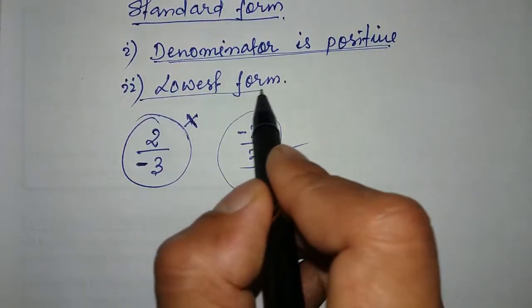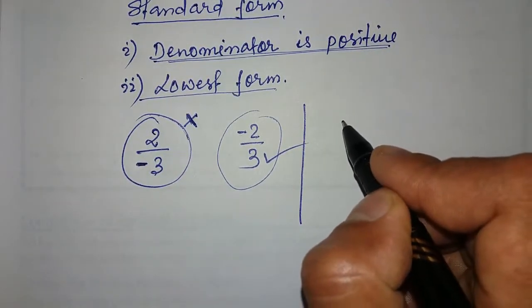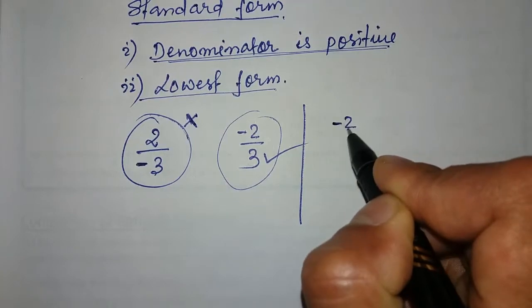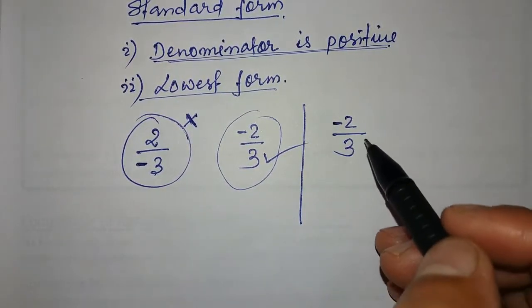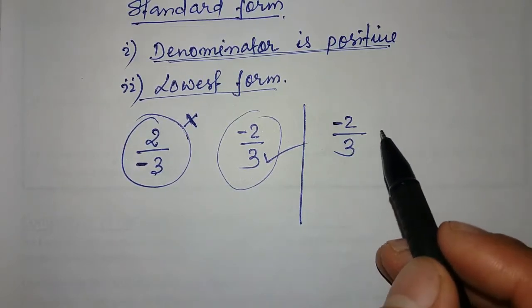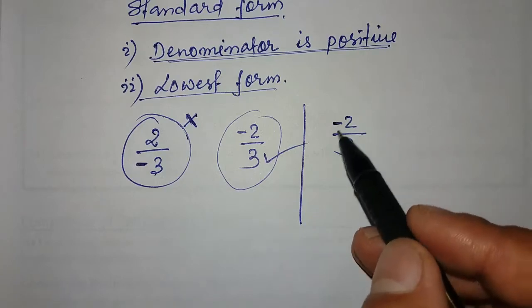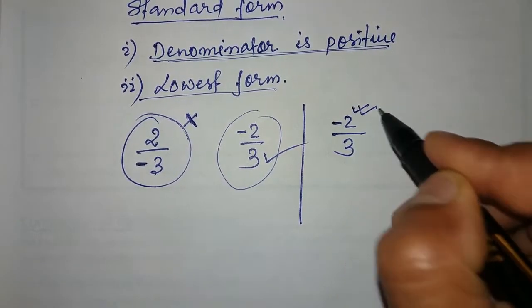And for the second point, let's say minus 2 by 3. This is in standard form because there is no common divisor between the numerator and denominator other than 1. You can divide both only by 1.